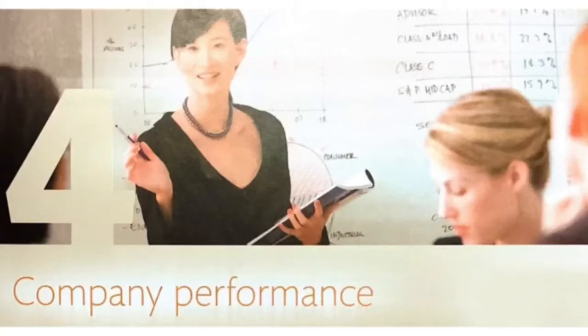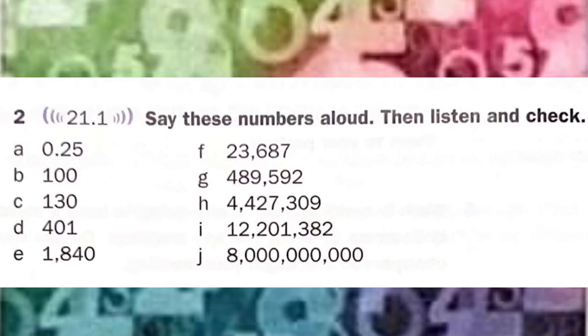Unit 4, Company Performance. Audio 21.1. A, 0.25. B, 100. C, 130. D, 401. E, 1,840.